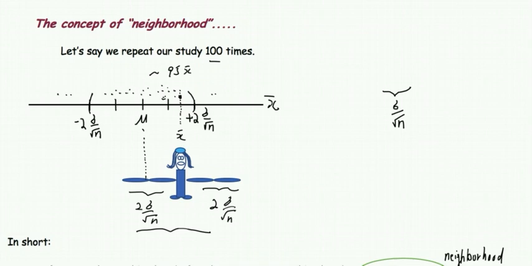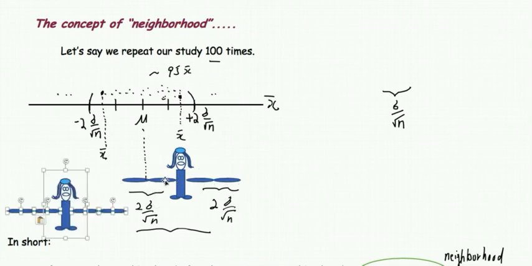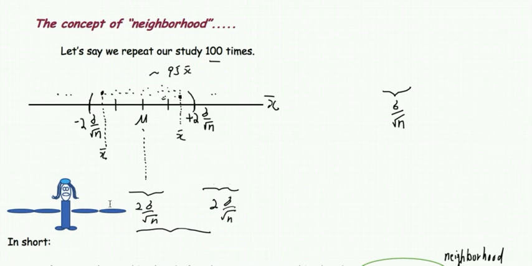Okay? Let's take a look at another one. Let's say this time, this is my sample mean. So this time I just move the, let's see if I can do that easily. Okay. So this is a bit crowded, so I'm going to get rid of this old diagram and get rid of all these.